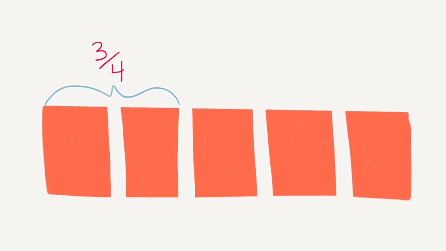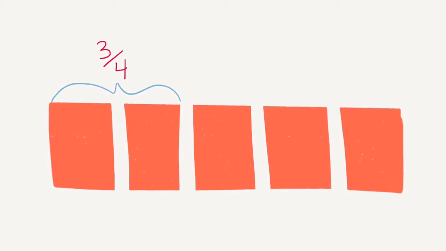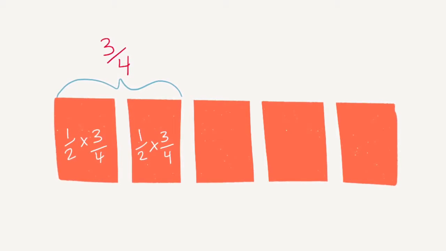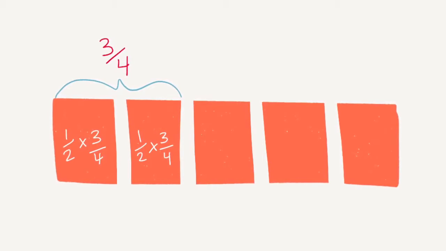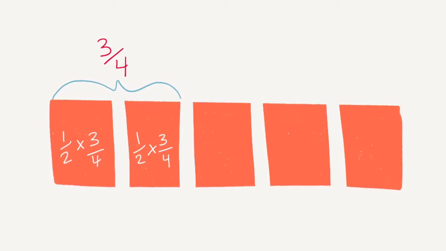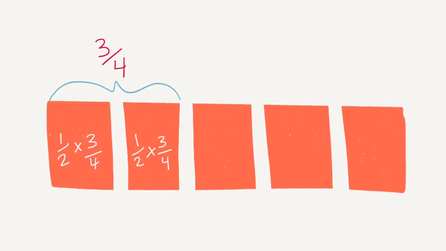Now because our partitive interpretation says 3/4 is 2/5 of what size, I can rewrite that 2/5 as 3/4. And looking at this model, I can see that I have two parts that equal 3/4. That means if I take 3/4 and cut it in half, I will have the value for each of these two parts. So how do I cut 3/4 in half?